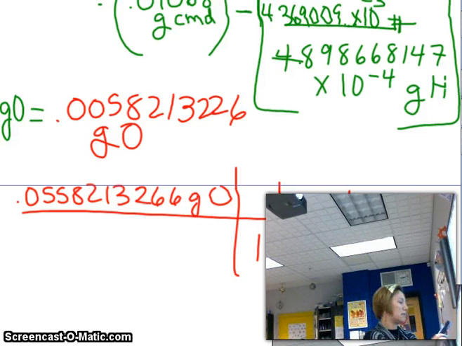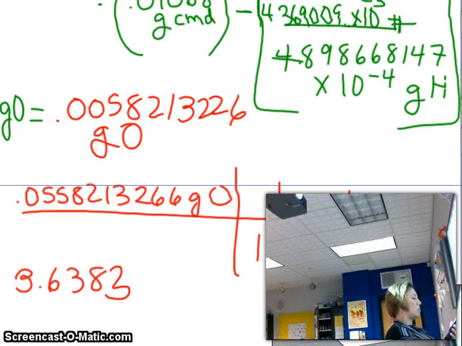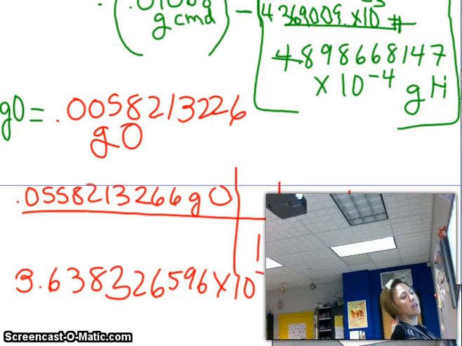And that is 3.63823265696 times 10 to the negative 4th moles of O.